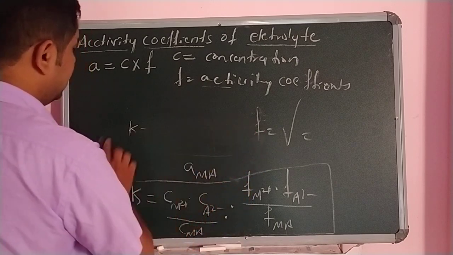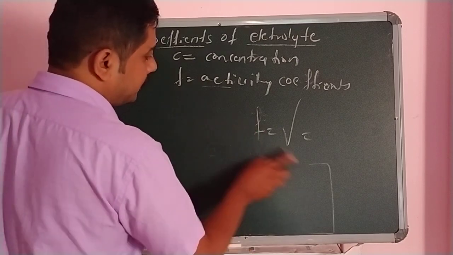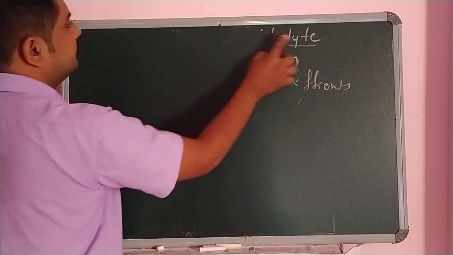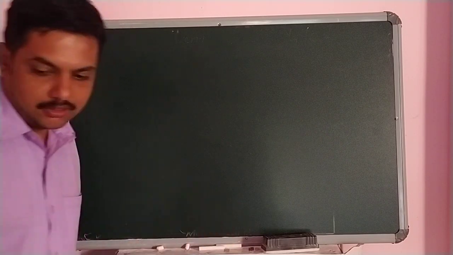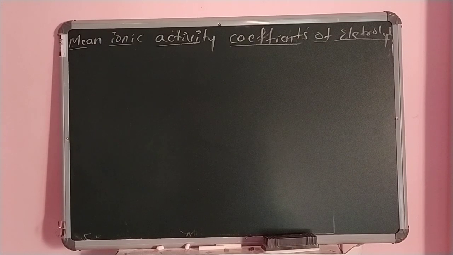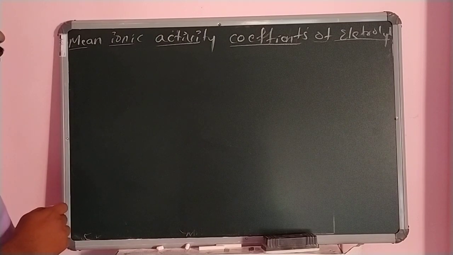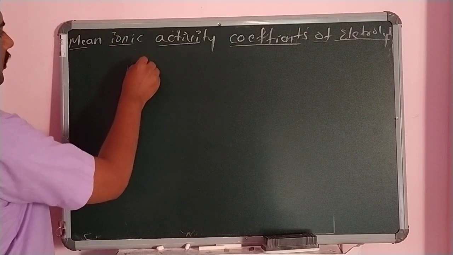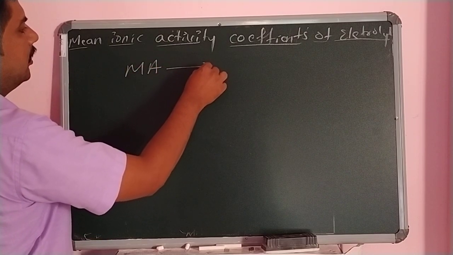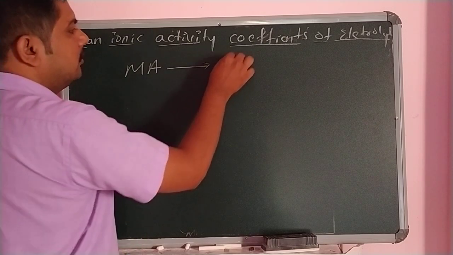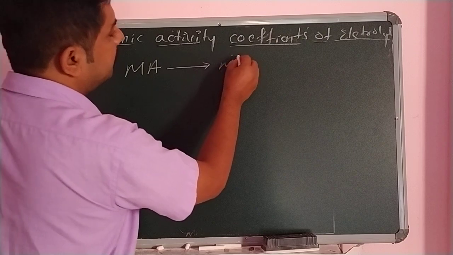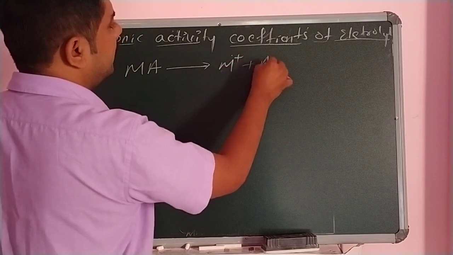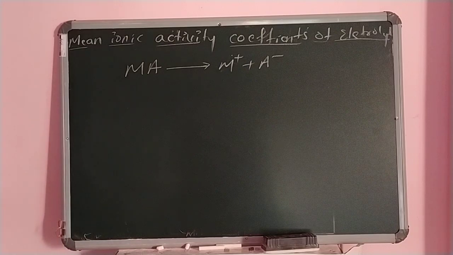Next we are going to discuss the mean ionic activity coefficient of an electrolyte. Now, for the mean ionic activity coefficient of an electrolyte, you know that if you take an electrolyte MA, there is a formation of M plus and A minus, that is, positive and negative ions are formed.